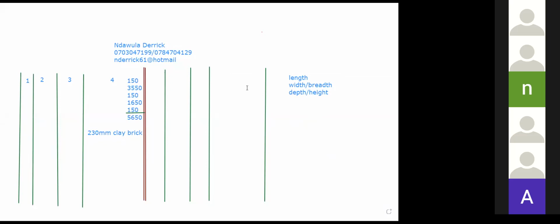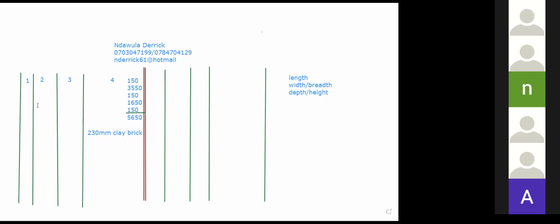Now, what are the units of entering here? When we're entering into the dimension column, leave alone this waste work. The waste work is okay, you can write it like this.